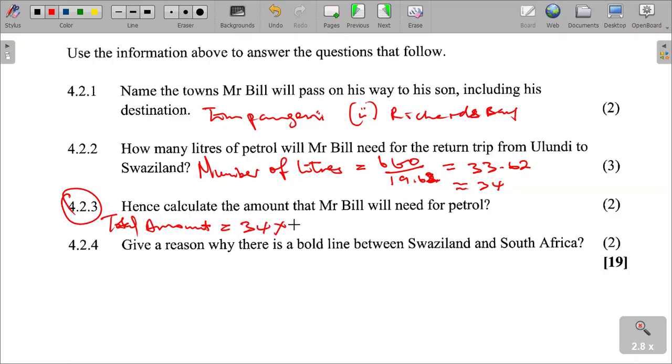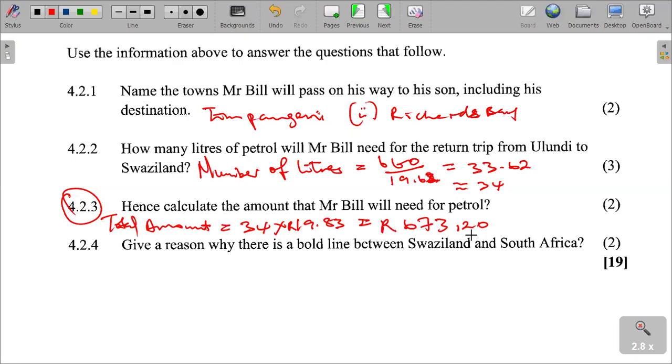Times the 19.83 that is given there, a liter is 19 rand 83, which is equals to, when you calculate that, you find out that this is equals to 673 rand 20 cents.